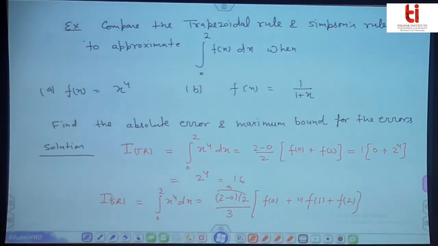So the value is 1 upon 3 times (0 plus 4 plus 2 raised to power 4). So the value of the integration is 20 upon 3, by Simpson rule.